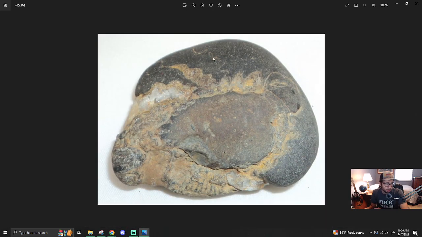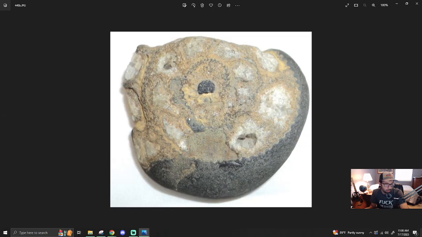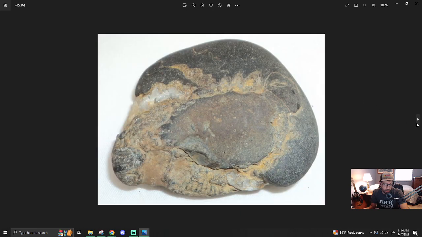Bunch of anomalies on here. Like, why are there teeth out here? Here's an ammonite that should be spiraling around this way. The teeth should be going around in a spiral, back to the core.